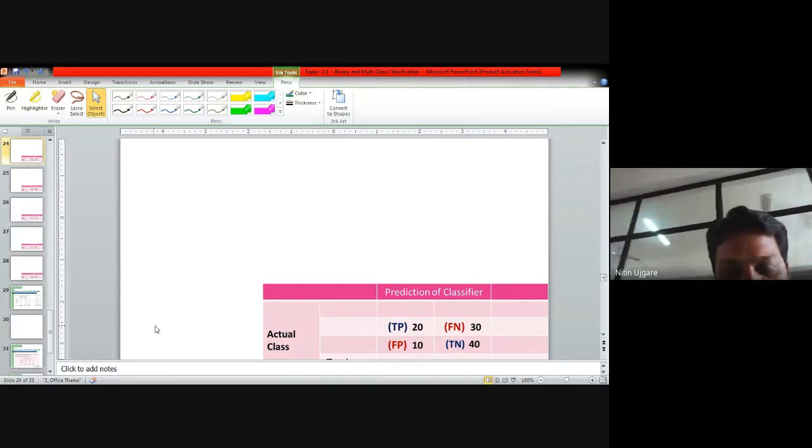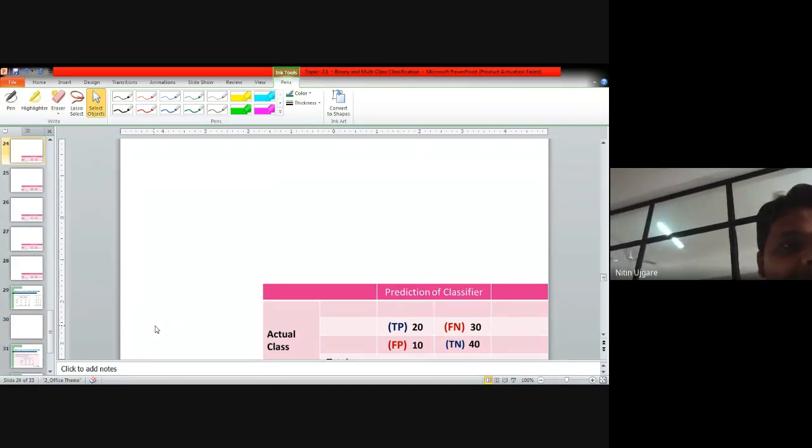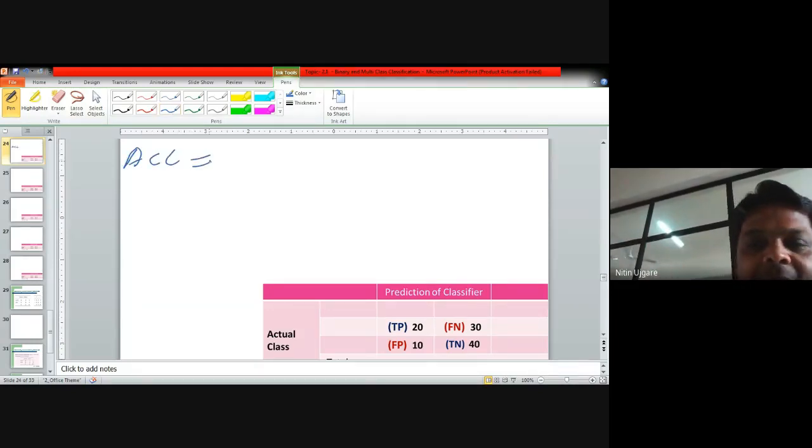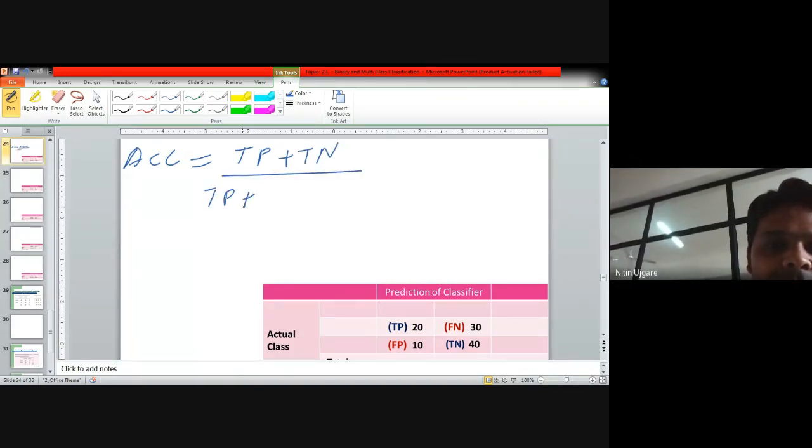That is accuracy. Now we'll see what accuracy is and what error rate is. Accuracy is represented as TP plus TN divided by TP plus TN plus FP plus FN.